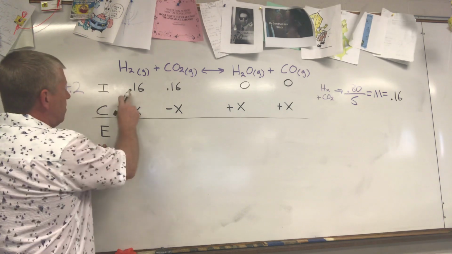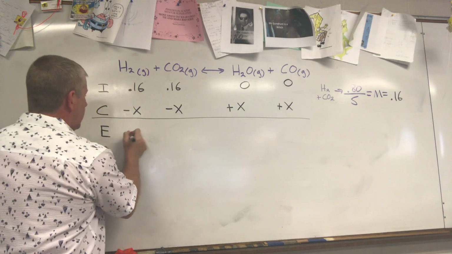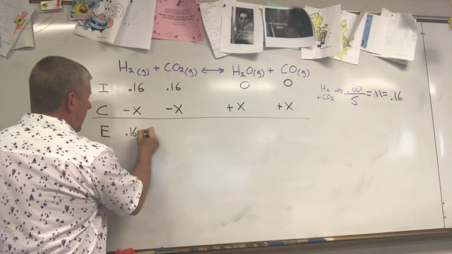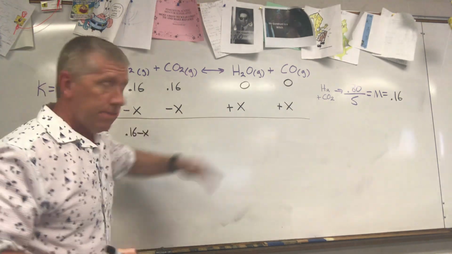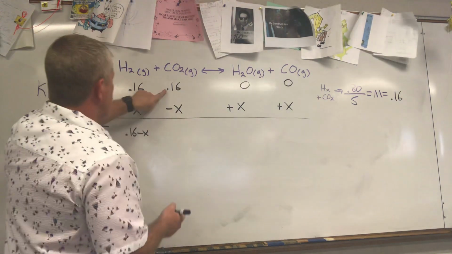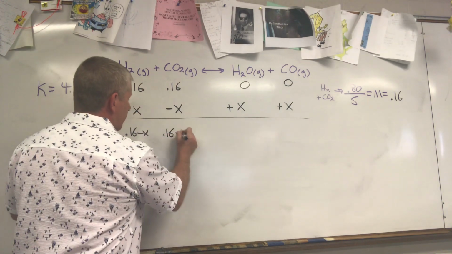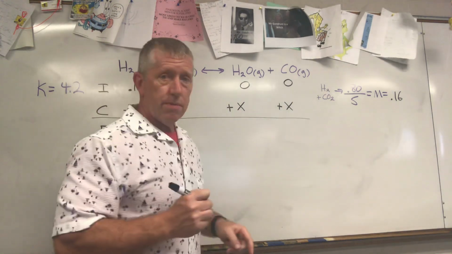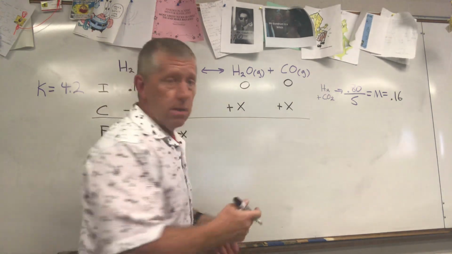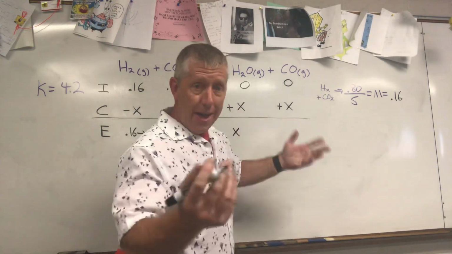It's going to be 0.16 minus X. Take these two lines and just combine them. That's why I put the line in. You don't have to. Here, the carbon dioxide will be 0.16 minus X. What's 0 plus X? X, right? What's 0 plus X? X.